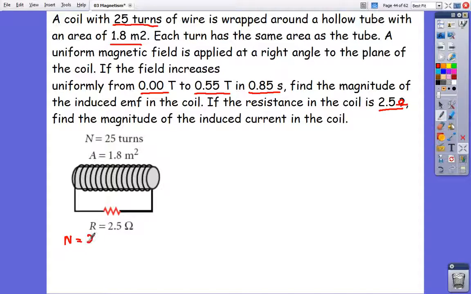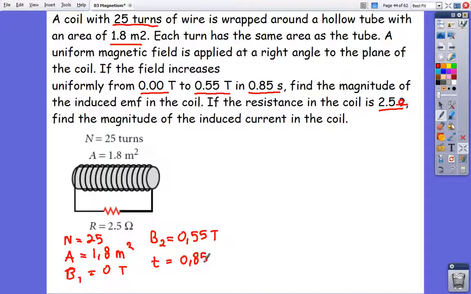N is 25, and the area is 1.8 meters squared, and B1 is 0 Tesla, and B2 is 0.55 Tesla, and the time is 0.85 second, and given the resistor 2.5 ohm. So let's solve this.